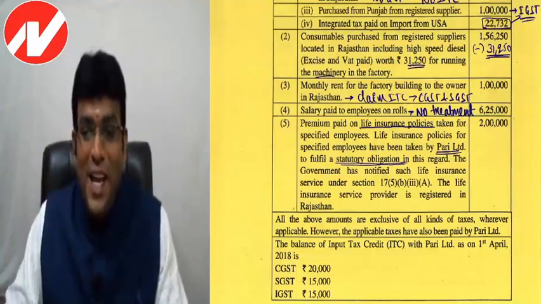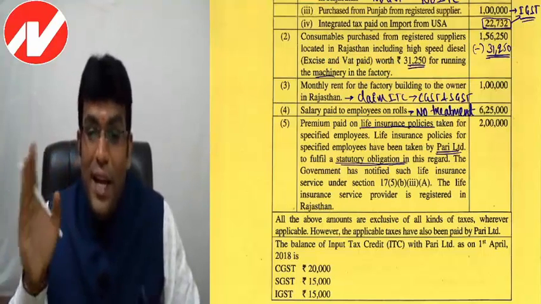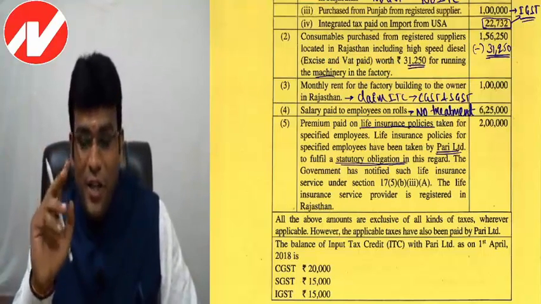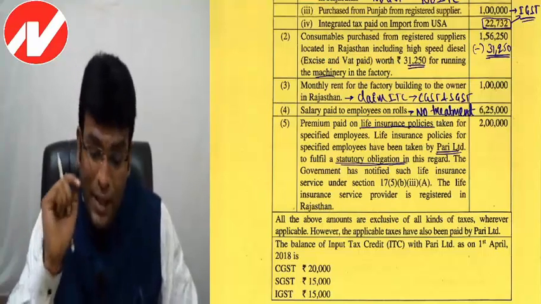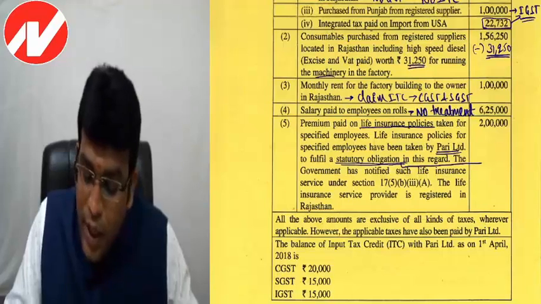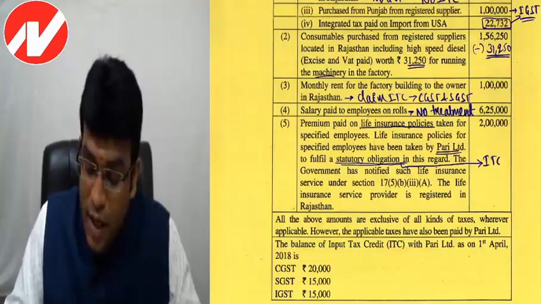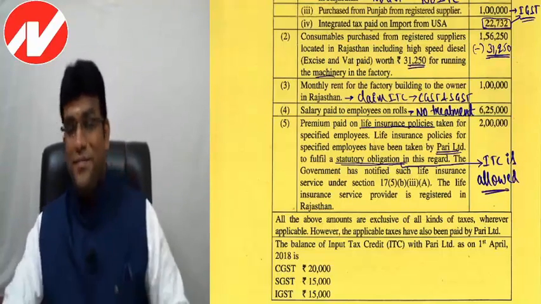Fantastic point. Generally life insurance and health insurance is a block credit under section 17(5) clause B. But if it is taken to fulfill a statutory obligation, definitely ITC is allowed.